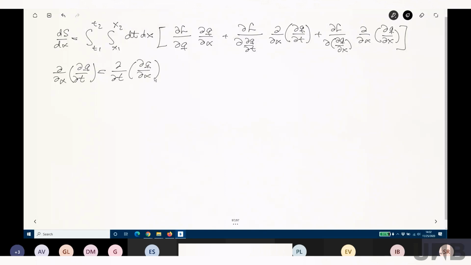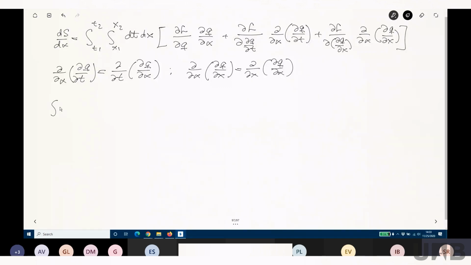And this is also true for x. So the derivative with respect to alpha of the derivative of q with respect to x is the derivative with respect to x of the derivative of q with respect to alpha. Okay, so let's do one of them because the other one is going to be a repetition of this.